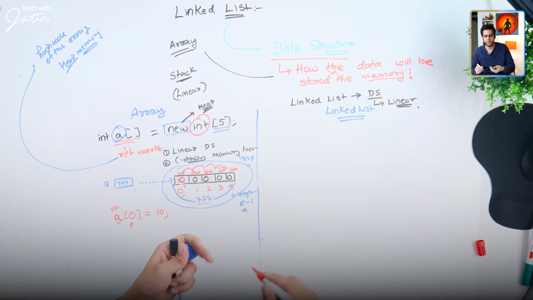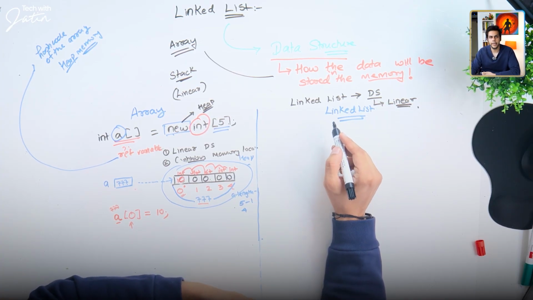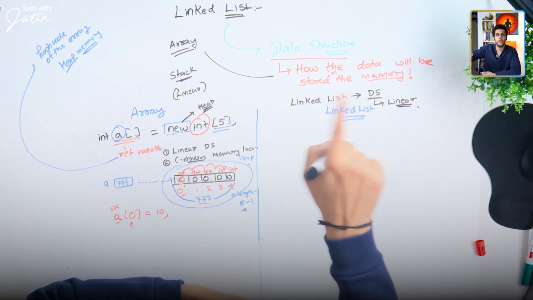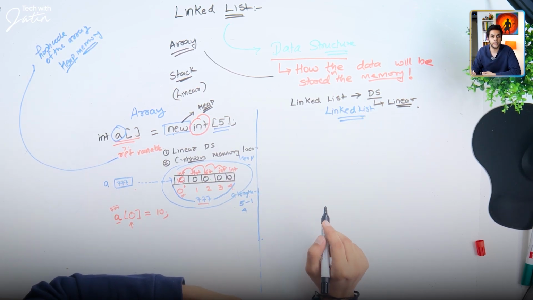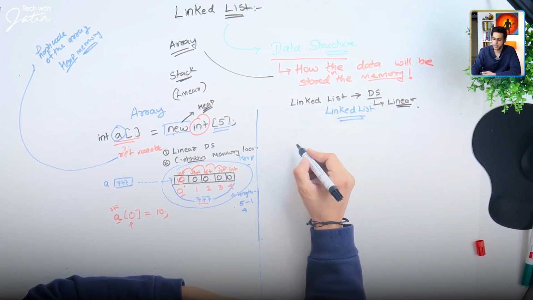Now, we were talking about linked list. We said linked list is also a linear data structure. It is also going to store some data. But the way the data is going to be stored in a linked list is going to be different. So linked list is a linear data structure.